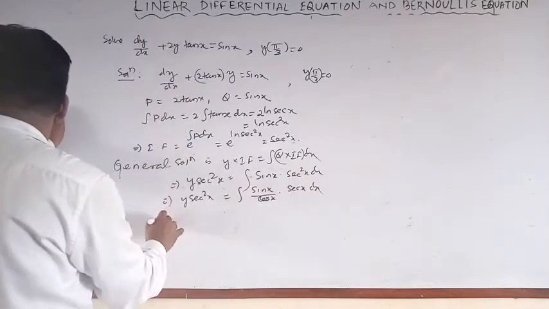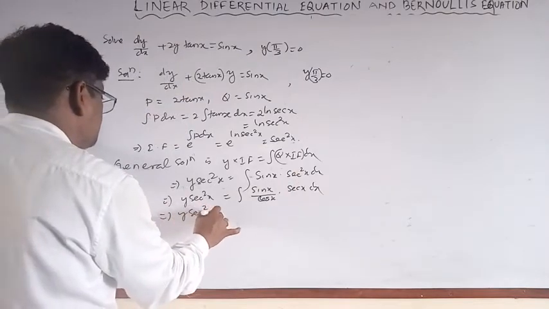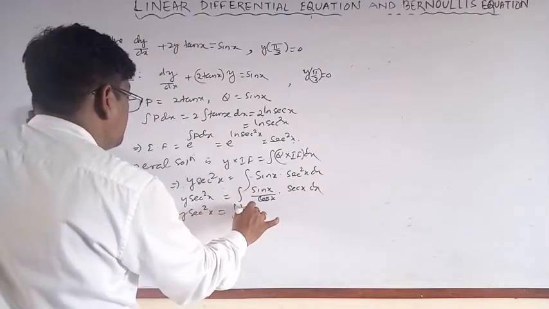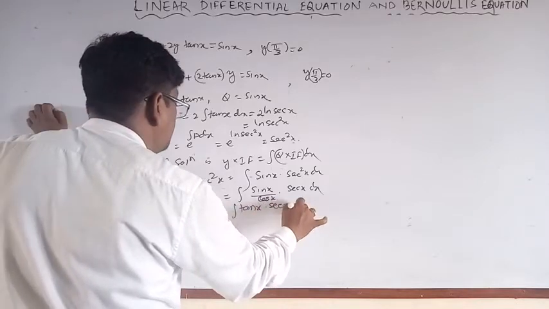So this is equal to y into sec squared x, and 1 by sec squared x times sin x is sin x by cos x, and 1 by sec x here. So y into sec squared x is equal to integral of tan x into sec x dx.